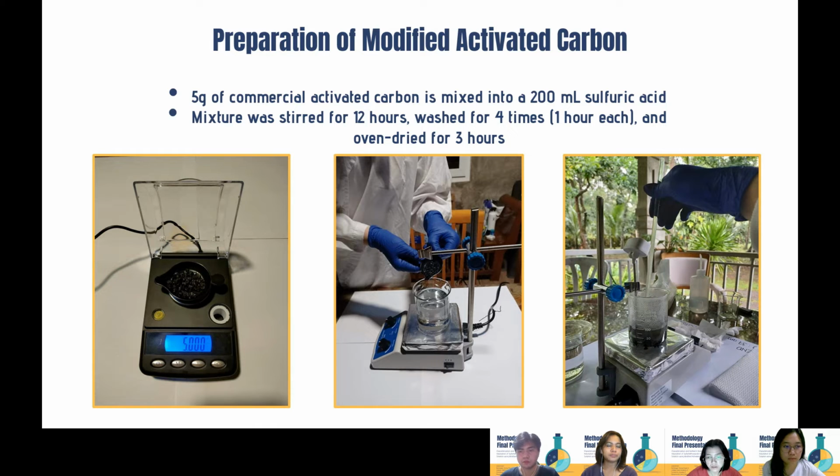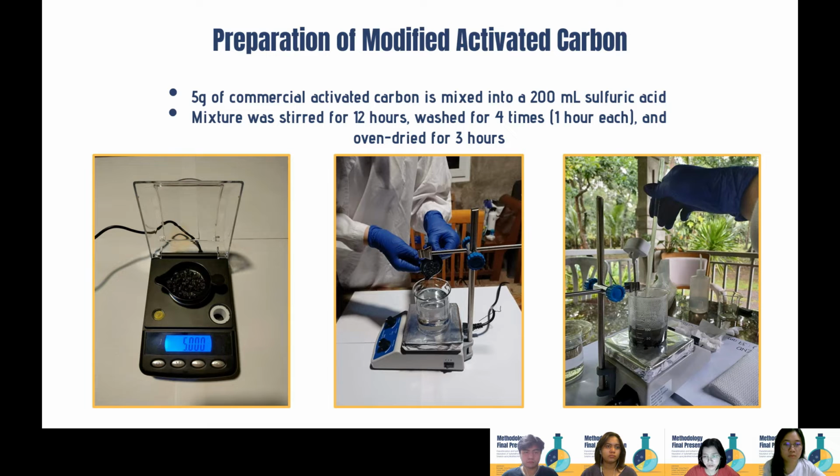The collected sulfuric acid modified activated carbon was washed 4 times and each wash lasted for about 1 hour. The pH of the washing solution was determined, and this step was done until it reached a constant pH. The pH of the distilled water was also determined, and it was around 6.28.